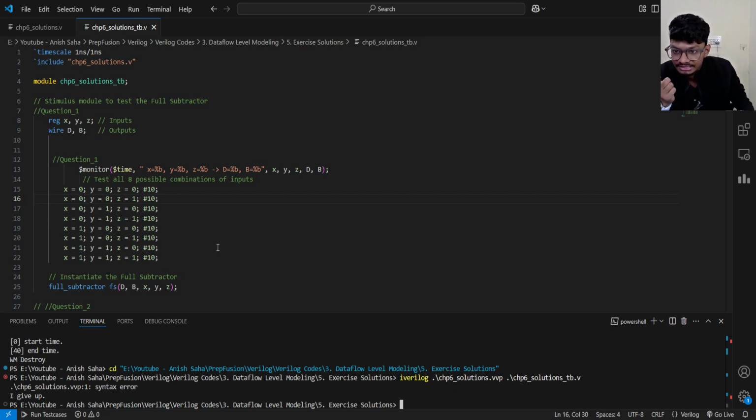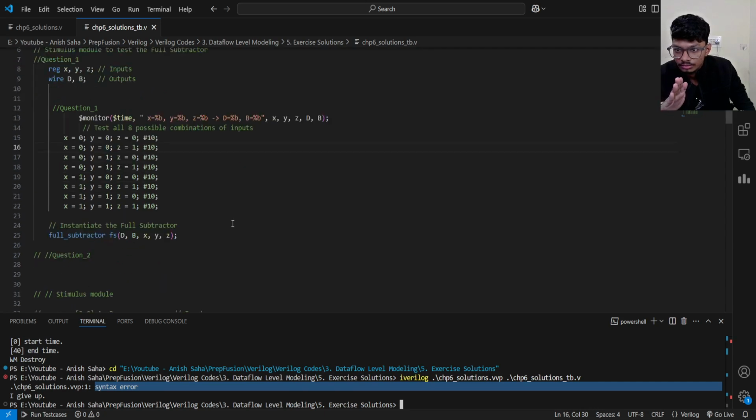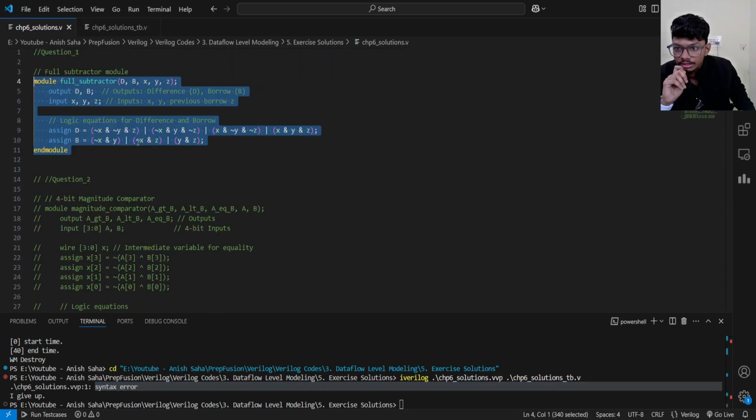Okay, some syntax error has happened in this file. Something is wrong. What is the thing that is wrong? Here everything is correct. We're instantiating the module, and this is also correct.